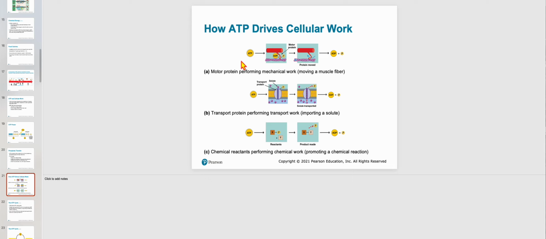Here's the first one at the top. This is how muscles work. And notice I want to crank this arm. But the only way I can crank that arm, if you look carefully, you'll see that this arm is actually bent here. It's cranked. And the way I do that is adding a phosphate group.